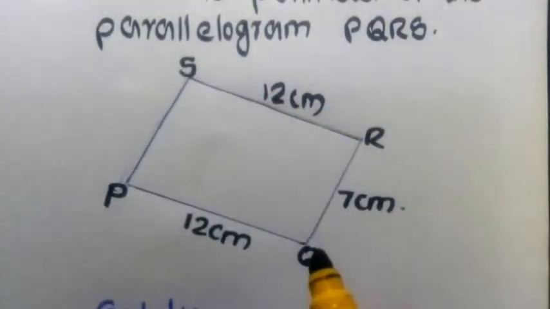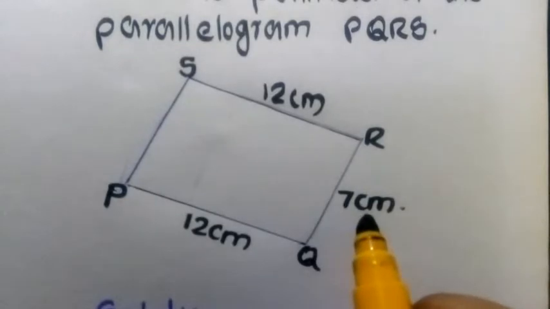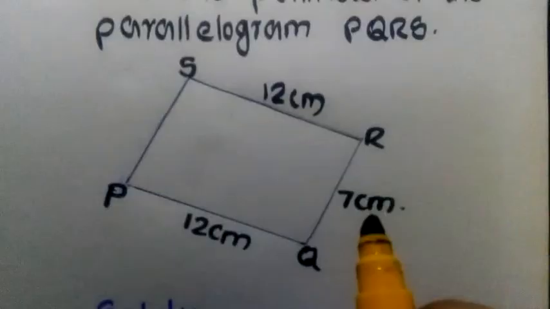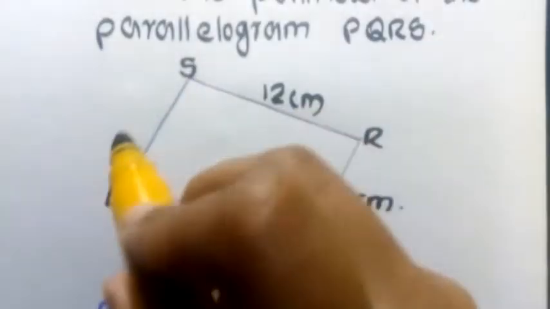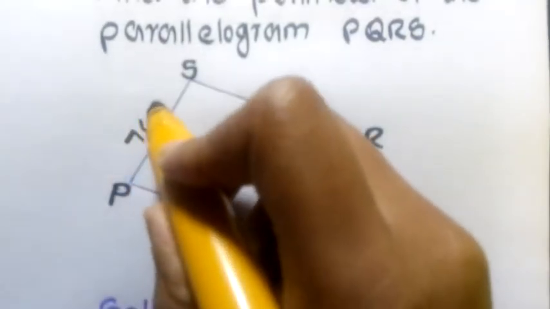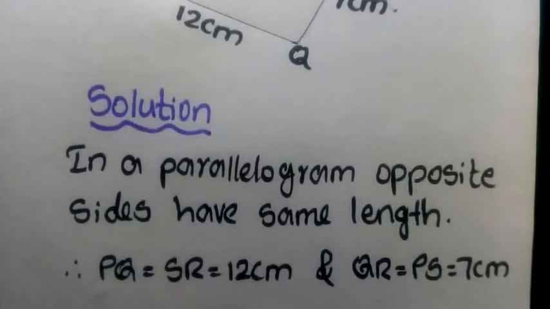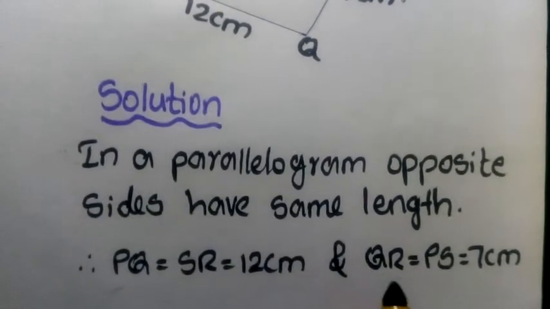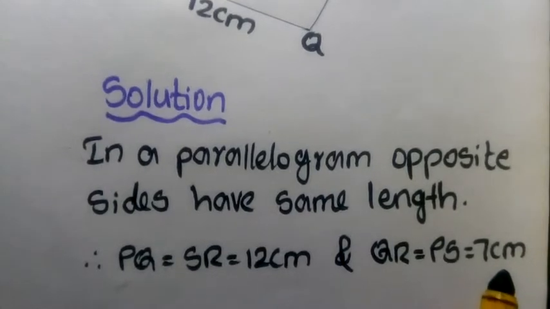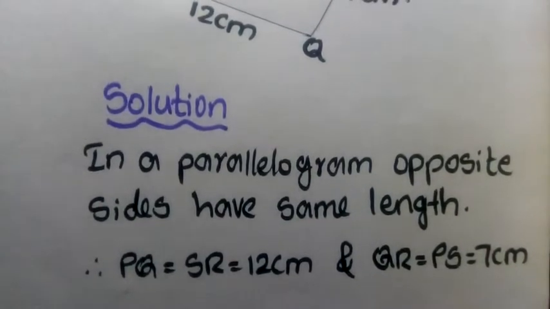Similarly, given QR is equal to 7 cm. So, by property, PS is also equal to 7 cm. Therefore, PQ is equal to SR is equal to 12 cm and QR is equal to PS is equal to 7 cm. Now we got all the side lengths.